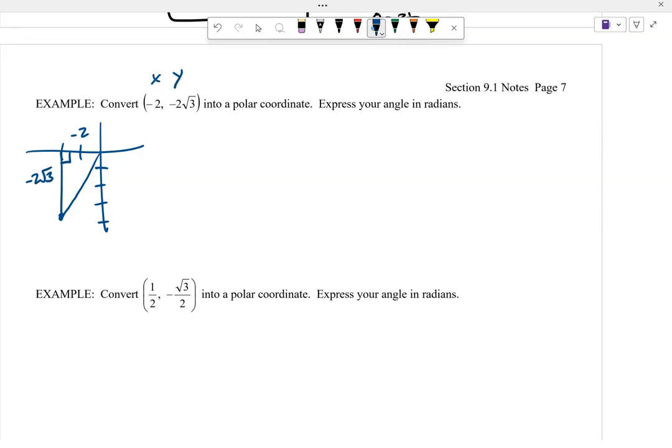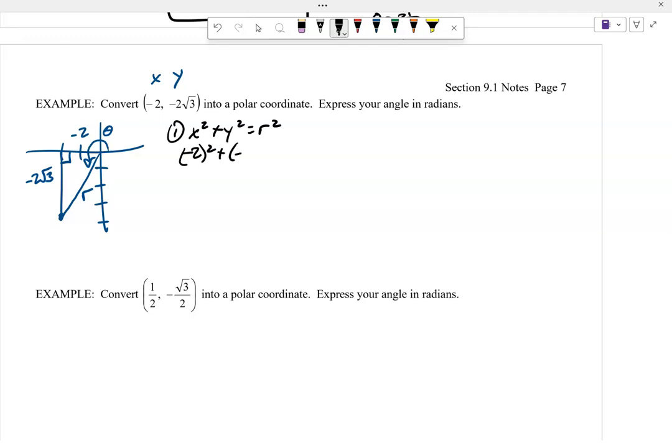This is our x and our y. Okay, and we want it in polar coordinates. So we're wanting that theta right there. Theta. Okay. So number 1, x squared plus y squared equals r squared.